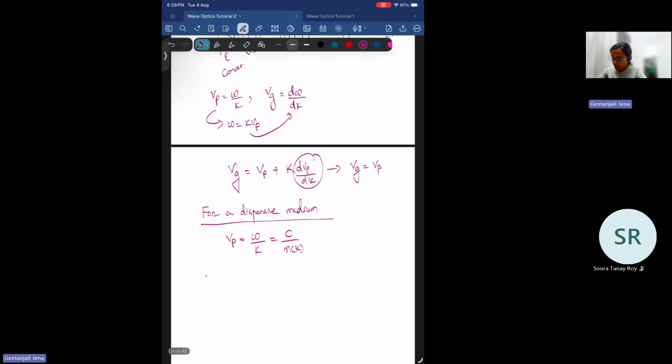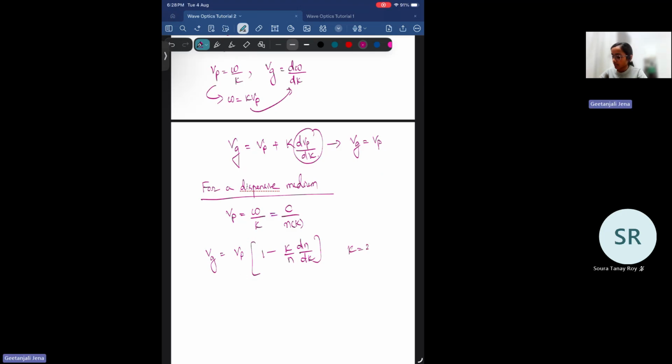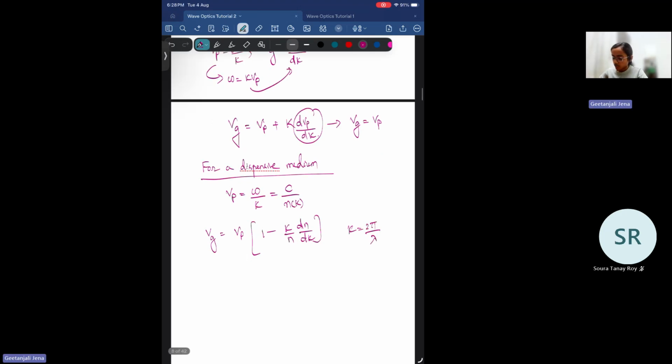From this, we can write Vg is Vp times (1 minus k by n dn by dk). Or in terms of lambda, using k is 2 pi over lambda, we saw Vg is Vp times (1 plus lambda by n dn over d lambda).